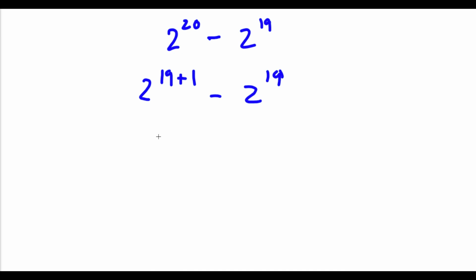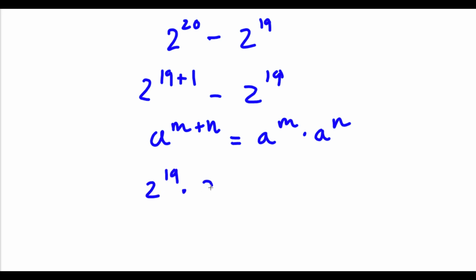Now, if I have something in the form a to the power of m plus n, this is equal to a to the power of m times a to the power of n. So 2 to the power of 19 plus 1 is going to equal 2 to the power of 19 times 2 to the power of 1. And now I have this minus 2 to the power of 19.